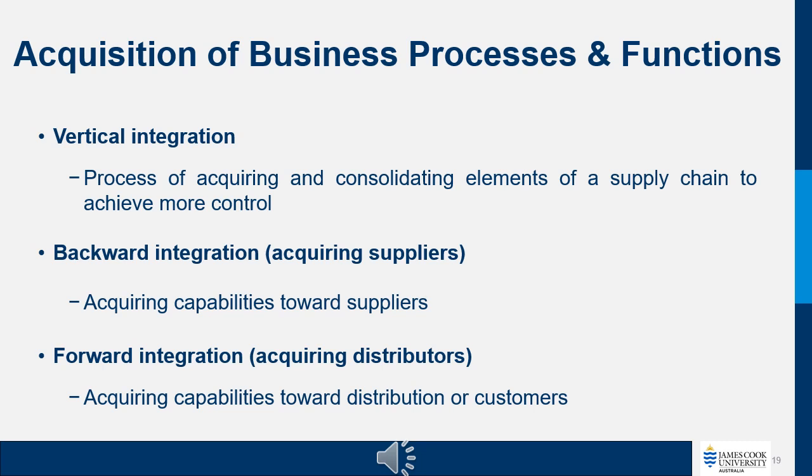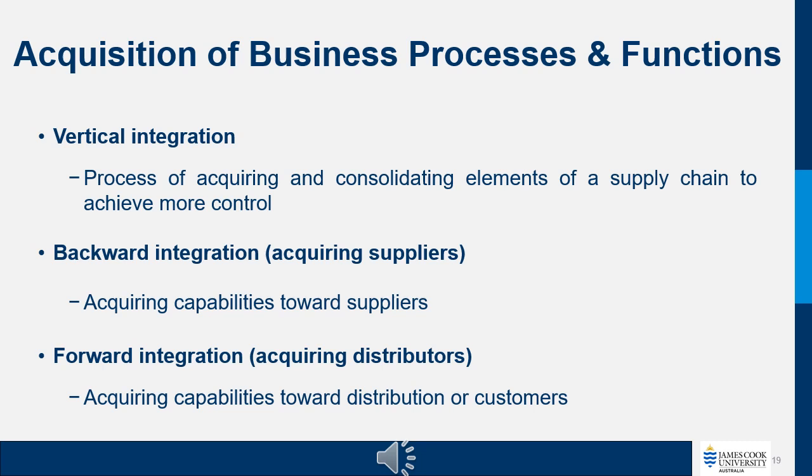By owning and controlling a supplier, a company can secure a more reliable and cost-effective supply of inputs. This can involve acquiring raw material producers, manufacturers of component parts, and other suppliers. Backward integration enables a company to have greater control over quality, cost, and supply chain coordination.